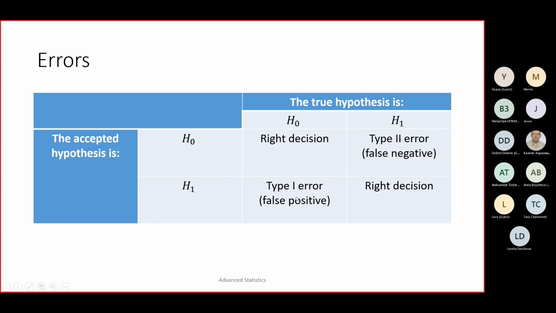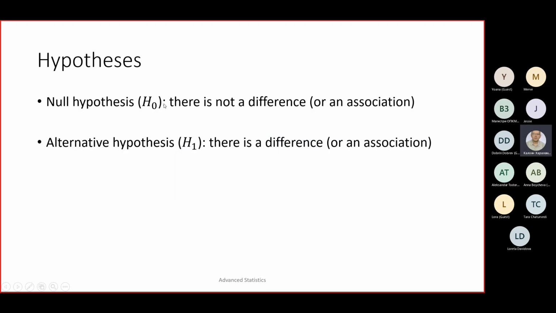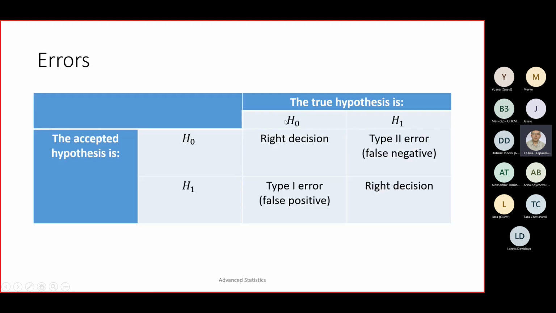So, why false positive? False positive because negative statement is true. A null hypothesis is negative because null hypothesis is that there is not a difference or an association. So null hypothesis is negative statement. Alternative hypothesis is positive statement.